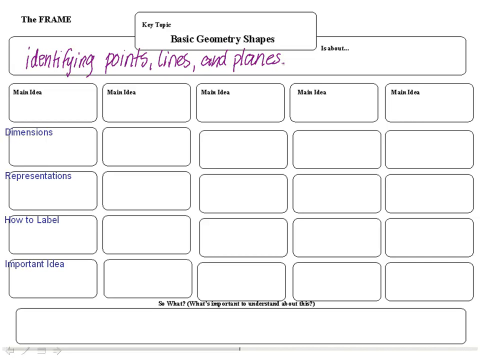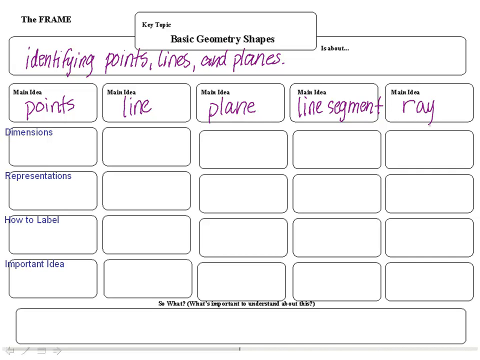So our first key idea is going to be points. Our next main idea will be a line. The third main idea will be planes. The fourth is line segments. And then the final main idea is rays.